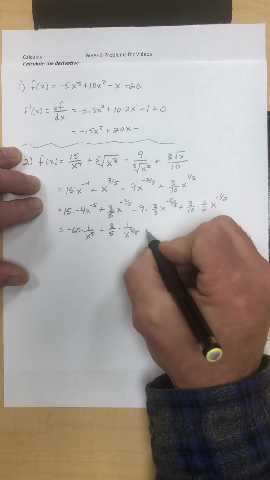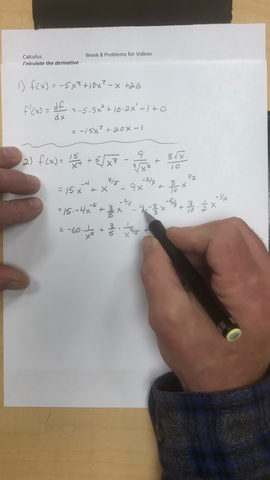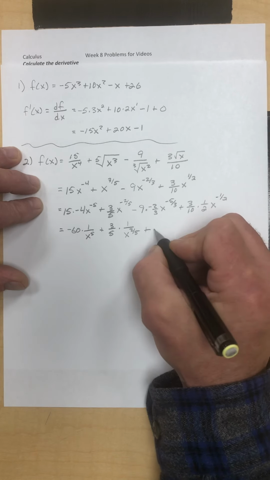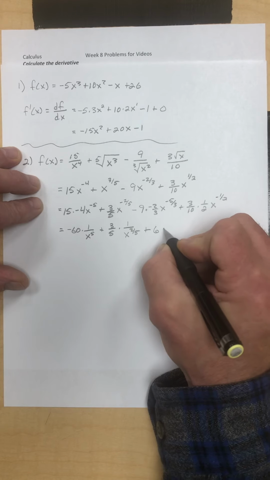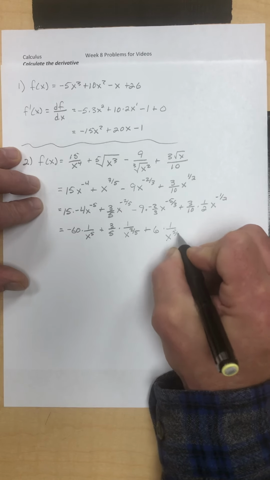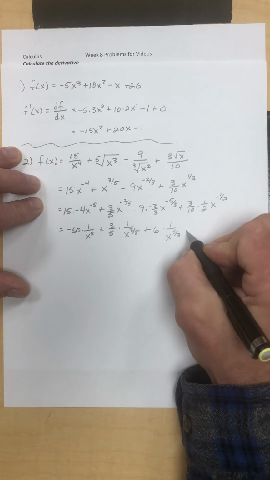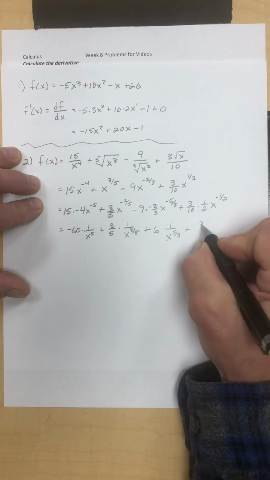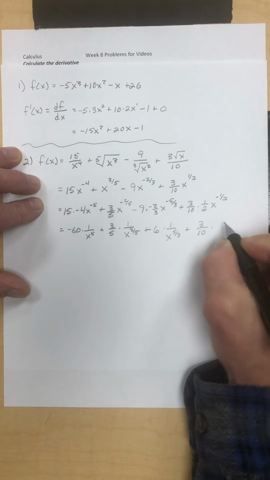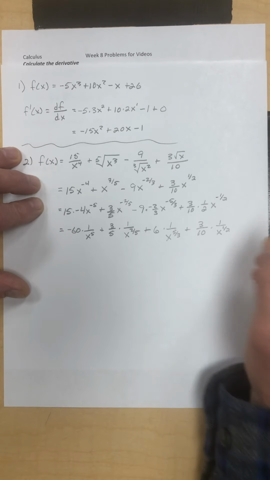Obviously, this guy is positive now. So 3 times 2 is going to be a positive 6 times 1 over x to the 5/3, plus this would be 3/20 times 1 over x to the 1/2.